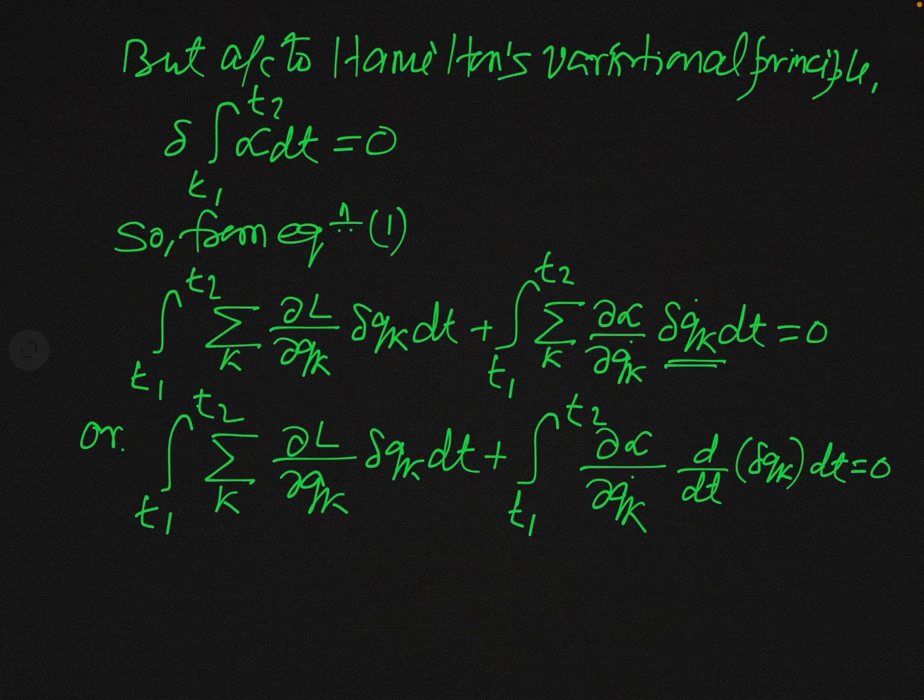Now this second term in the LHS of this equation will be integrated by following the rules of integration by parts. Actually here this del L by del qk dot we will treat as the first function, and this d dt delta qk we will treat as the second function. So when you integrate this by integration by parts, what will be the result?